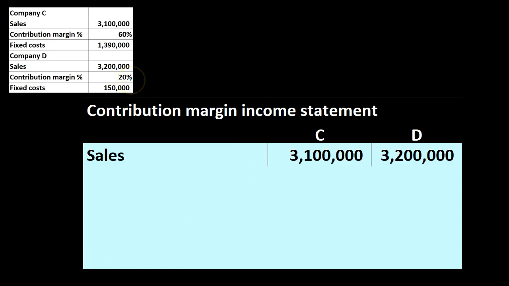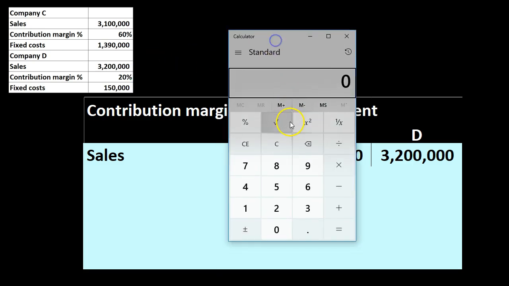The next thing we would typically see in our contribution margin income statement is variable costs, but we don't have variable costs, and that's going to be typical in a book type problem. They gave us the contribution margin percentage. So that's what we're going to have to consider. Well, we know that the sales minus the variable costs equals the contribution margin, and the contribution margin over sales equals the contribution margin percent.